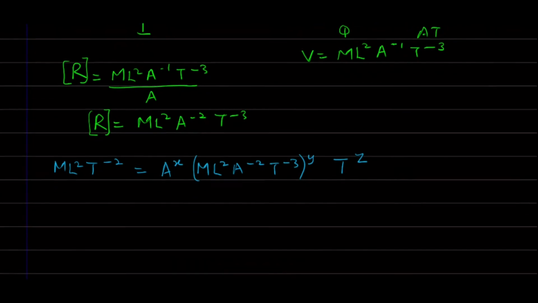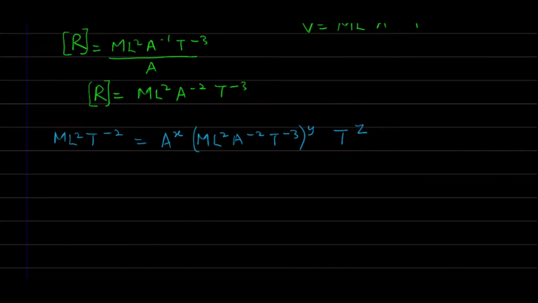Now with this, we can open the bracket. ML²T⁻² is equal to Aˣ, open the bracket, that gives us M^y, L^2y, A^-2y, then T^-3y. We're left with T^z. Now let's rearrange very well.